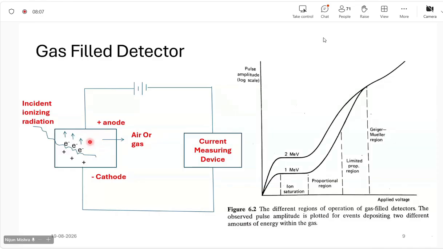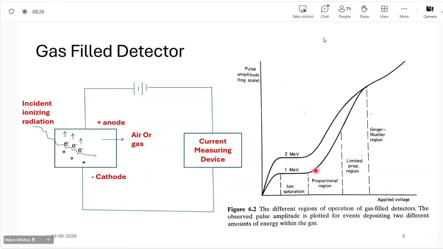So you can see a linear increase in pulse amplitude during this region. The term we use for this proportional region is gas multiplication. So the main fundamental principle behind the proportional region is gas multiplication.